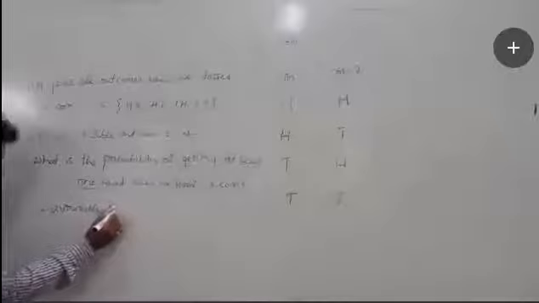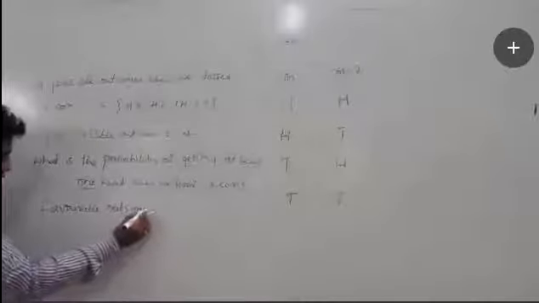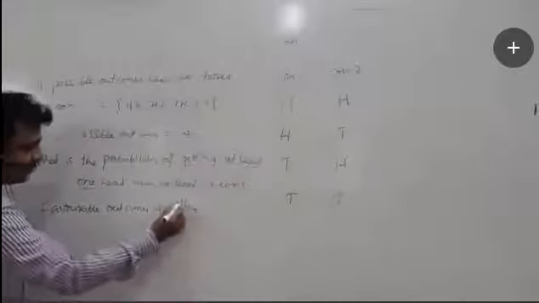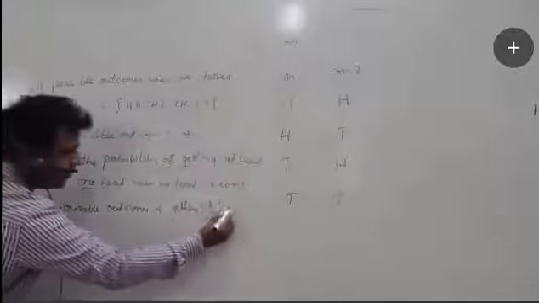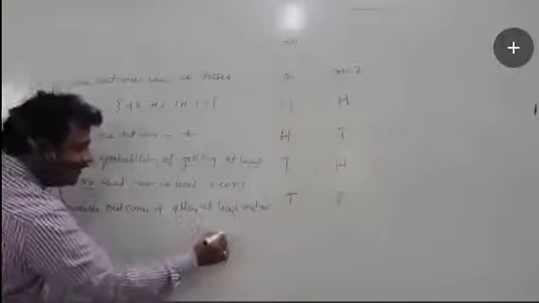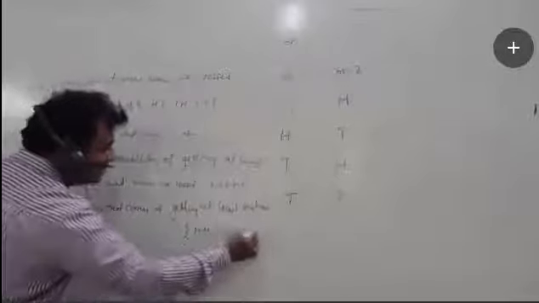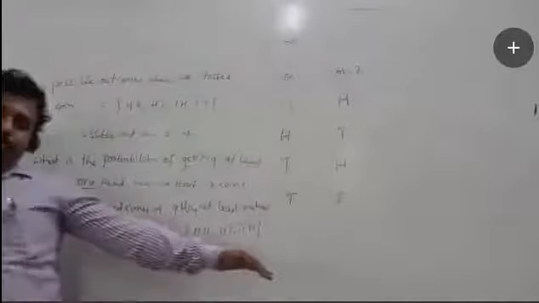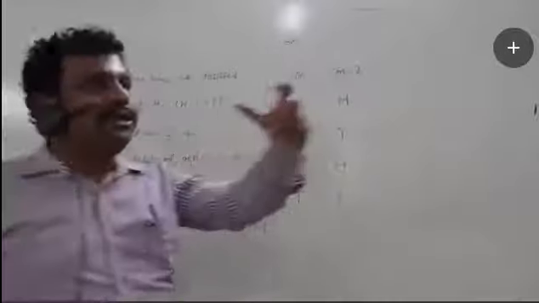So students, now we write: favorable outcomes of getting at least one head are HH, HT, TH.